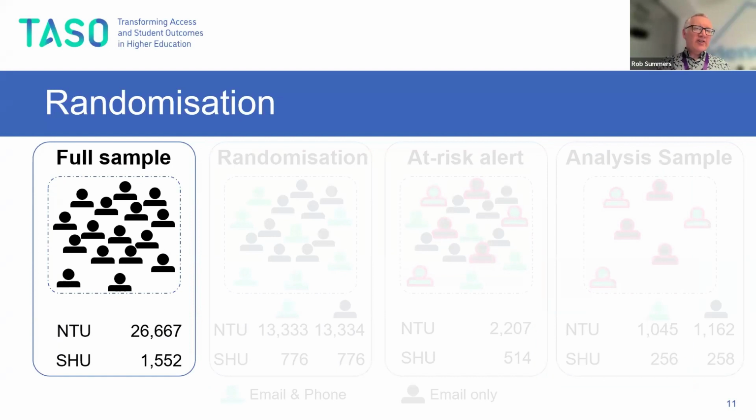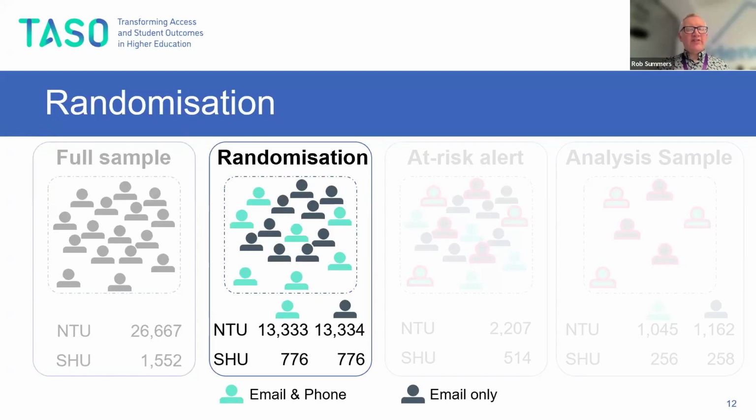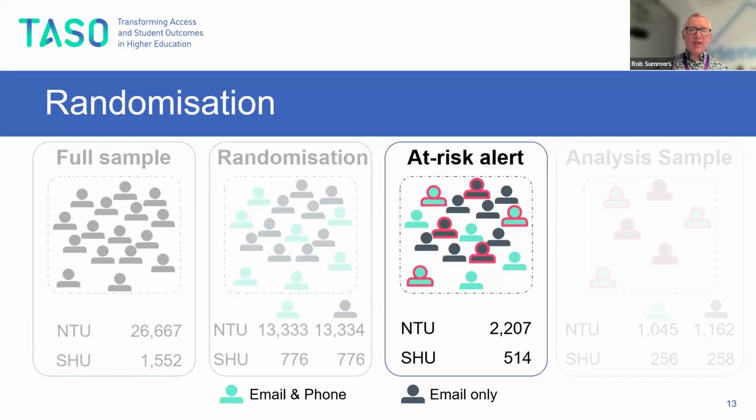So the trial was conducted in the following ways. We had our full sample of students to be randomised. For NTU, it was their full undergraduate population. For Sheffield Hallam, it was just a subset of the courses as they were rolling out their learner analytics-based interventions. The full set of students were randomised to either receive an email and phone call intervention or an email-only intervention if they generated an alert.